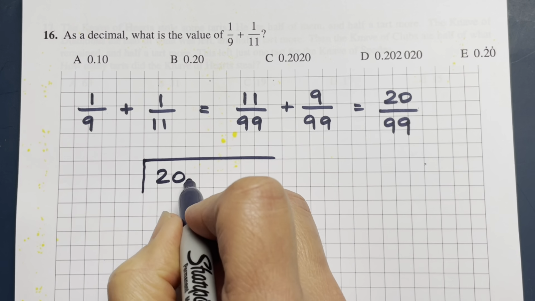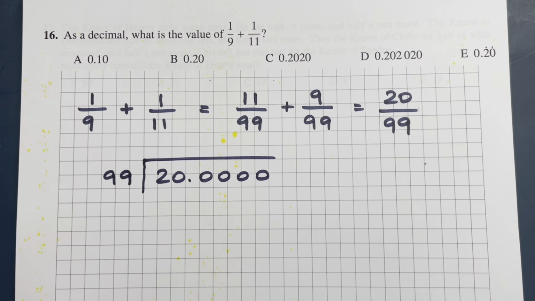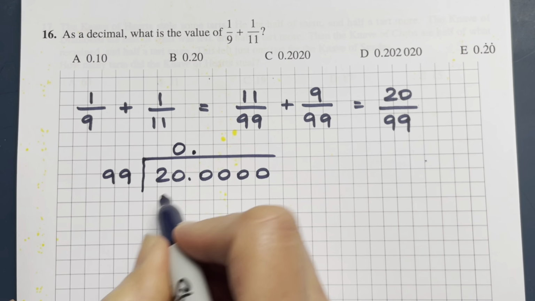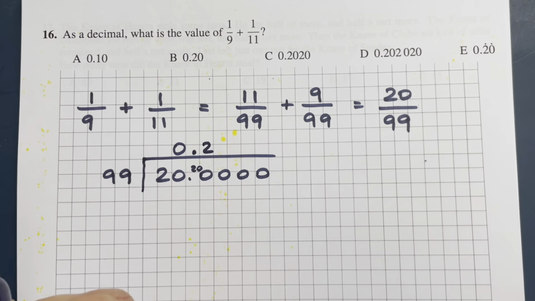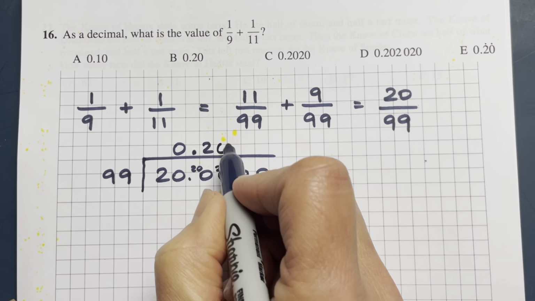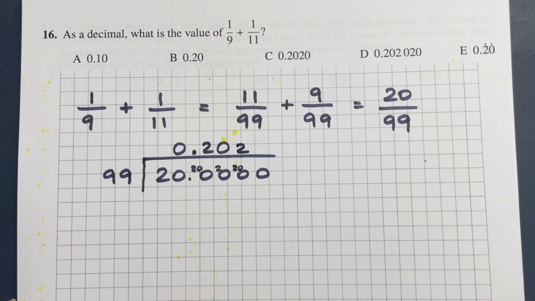I've got 20 and I'm dividing it by 99. 99 doesn't go into 20, but it goes into 200 2 times, remainder 2. It doesn't go into 20, goes into 200 2 times, remainder 2.